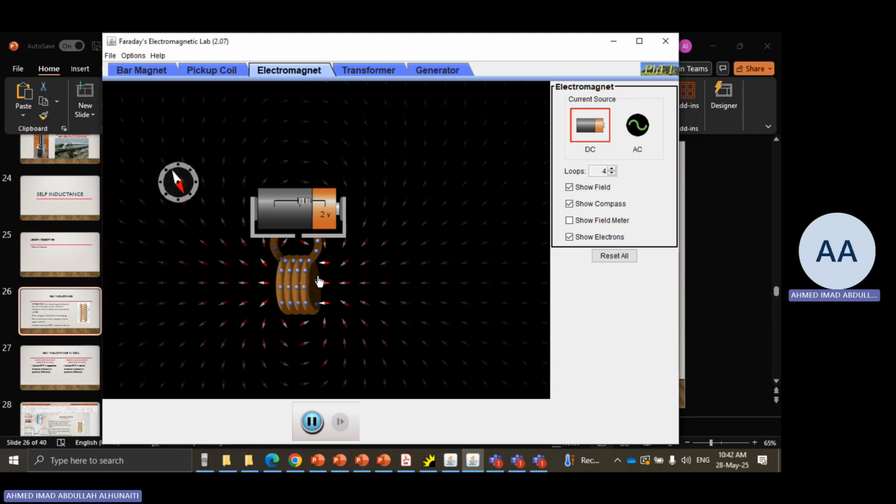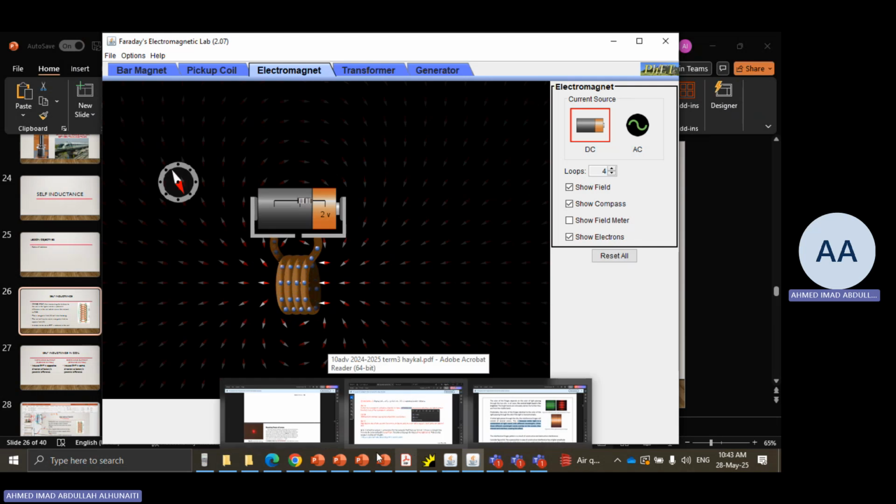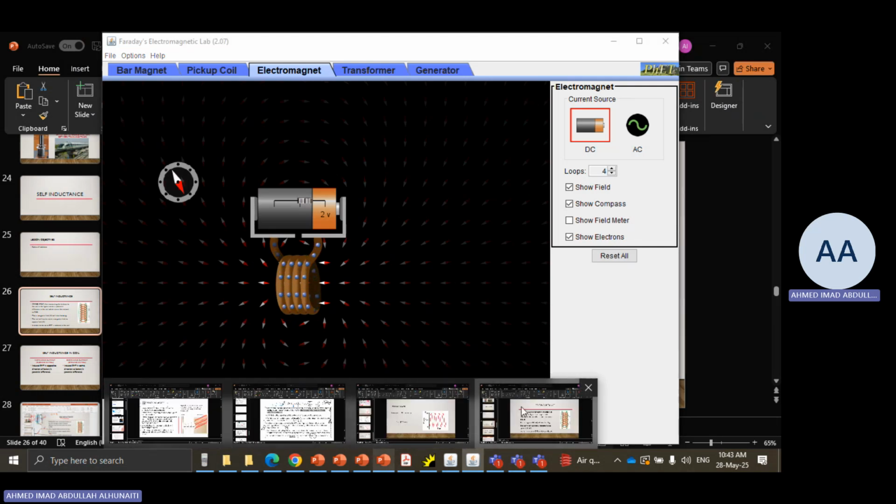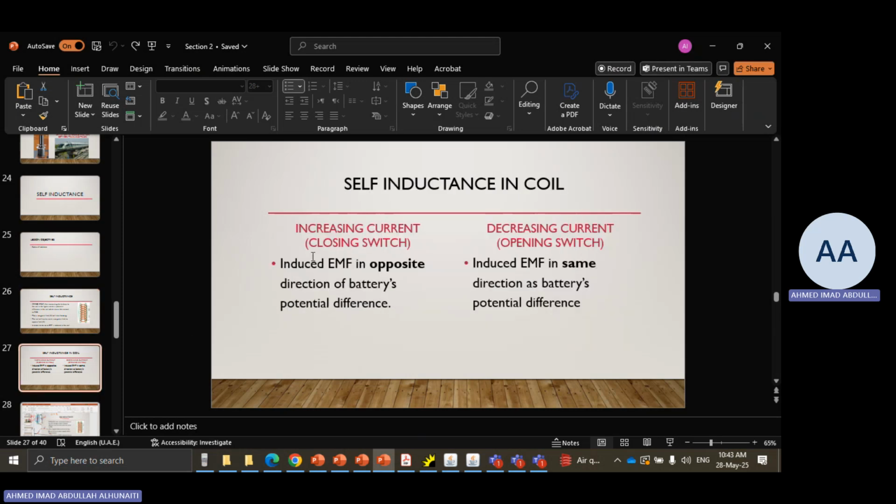Lenz's law says that we want to oppose the change that's taking place. The change is a growing magnetic field, so I have to work against whatever created the field. What created the field is the battery, so an EMF will be induced opposing the battery. The induced EMF will be in the opposite direction of the potential difference of the battery. So when we close the switch, the induced EMF is in the opposite direction.